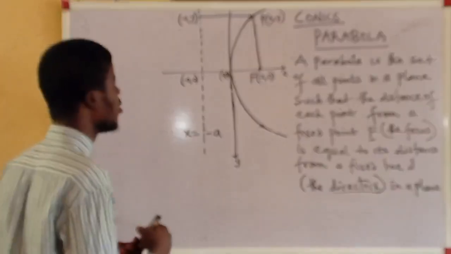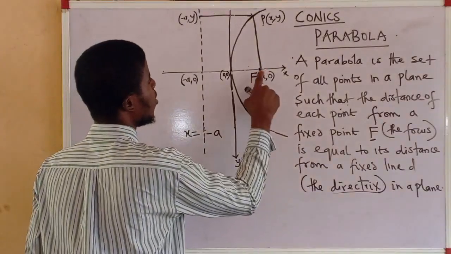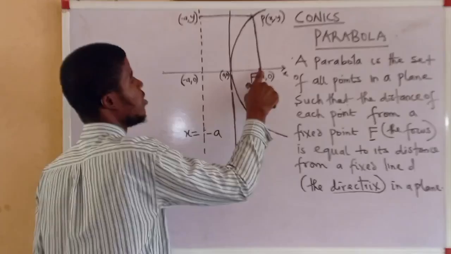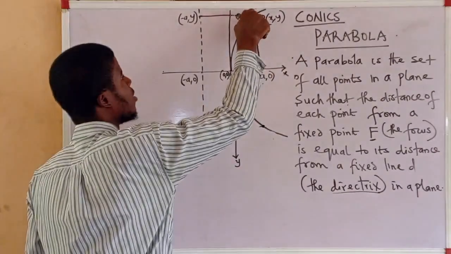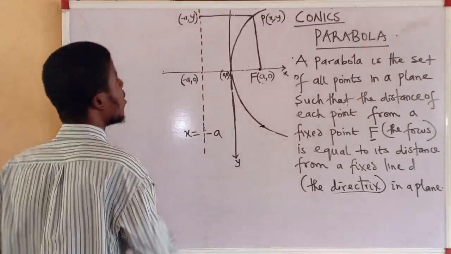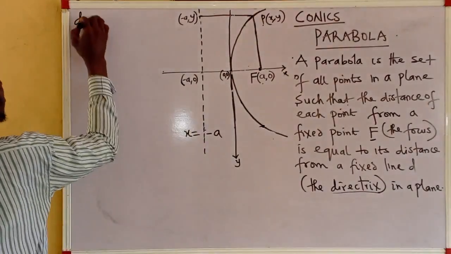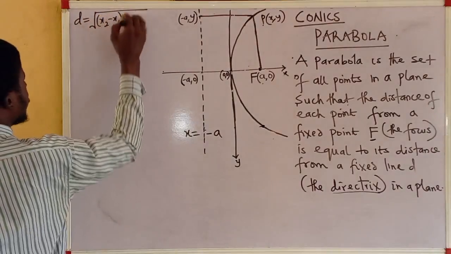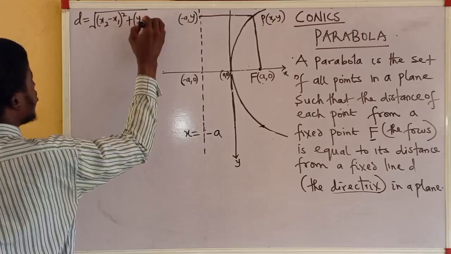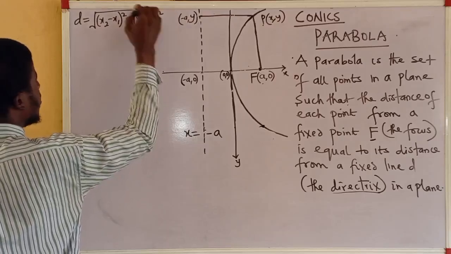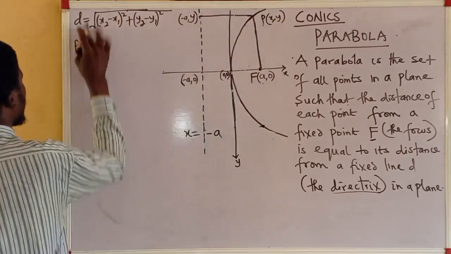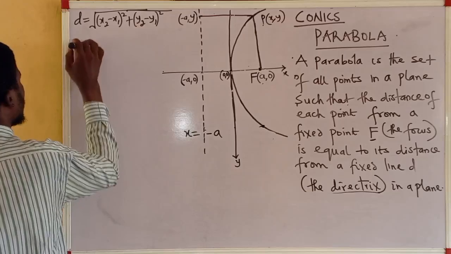By the definition of parabola, the distance of the point on the parabola from the focus is the same as the distance from the point to the directrix. So using the distance formula that says distance is the square root of x2 minus x1 all squared plus y2 minus y1 all squared, we have PF, or let's say FP.